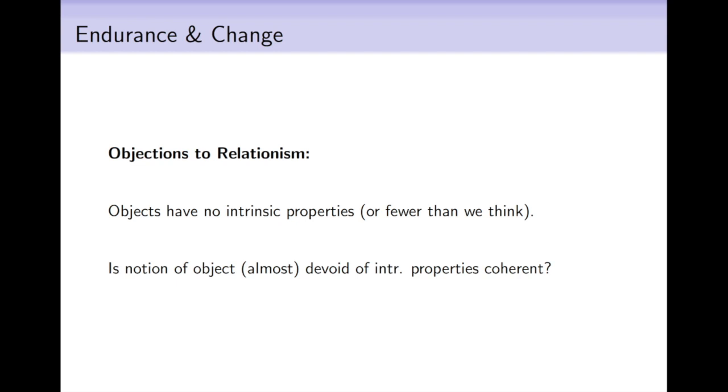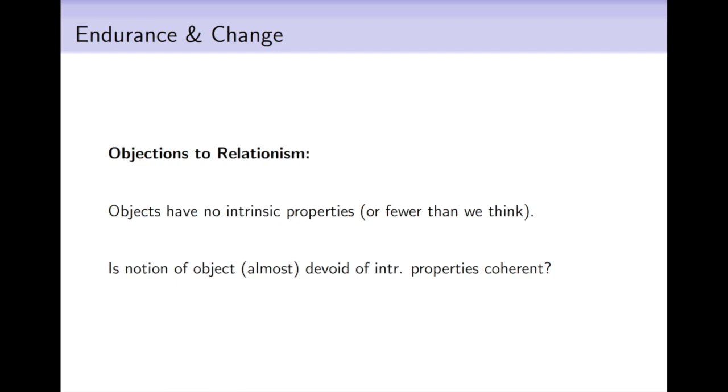But I think, nevertheless, there's maybe a more profound worry about relationalism. And I guess the worry is that it seems to mean that ordinary objects are going to have certainly far fewer intrinsic properties than we'd ordinarily think, right? So now it's starting to look like the color and height and shape properties of ordinary objects are not intrinsic to them.